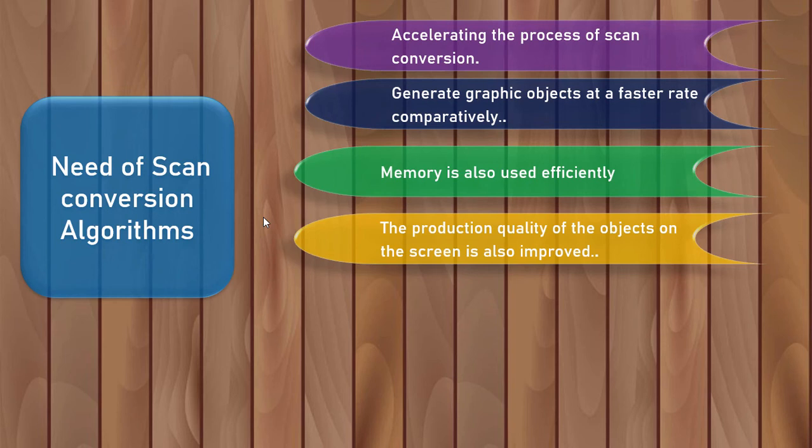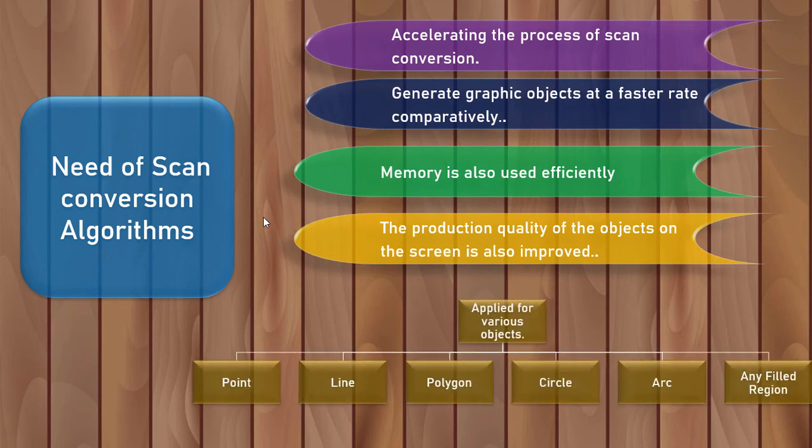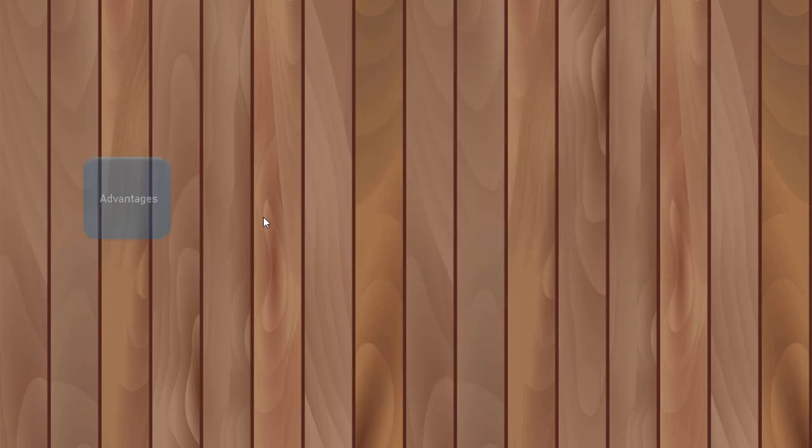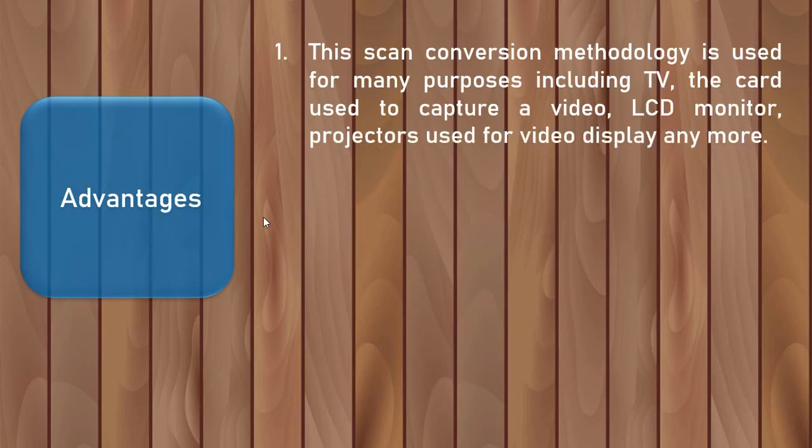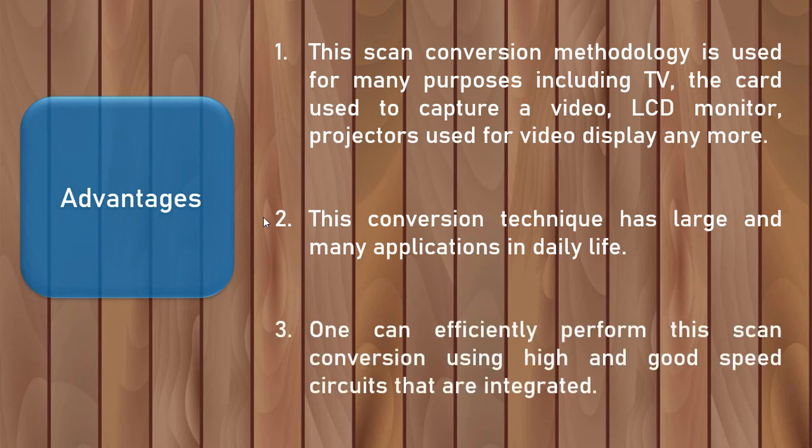The production quality of objects on the screen is also improved. So these kinds of conversion algorithms are applied for various objects like point, line, polygon, circle, arc, or any filled region.